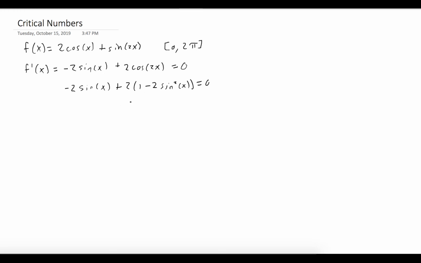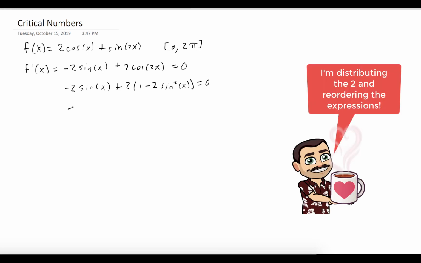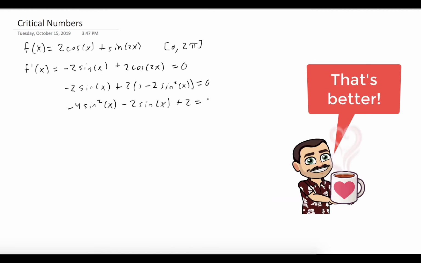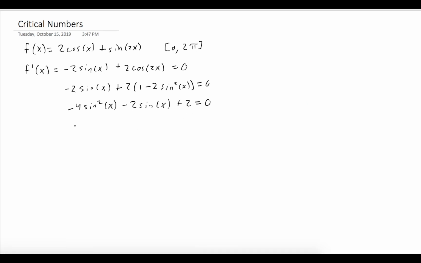Now we can distribute this 2 through and rewrite the expression to be negative 4 sine squared of x minus 2 sine of x plus 2 equals 0.